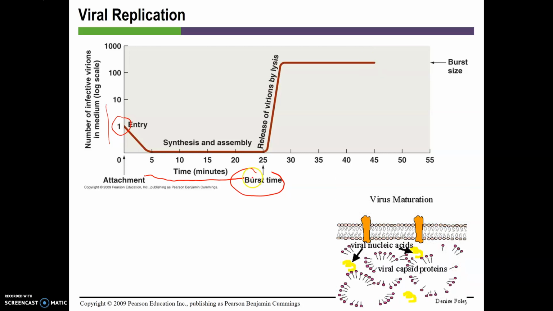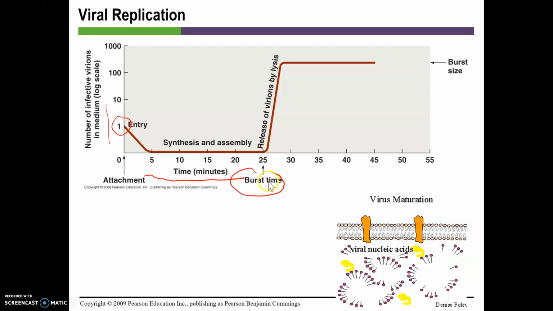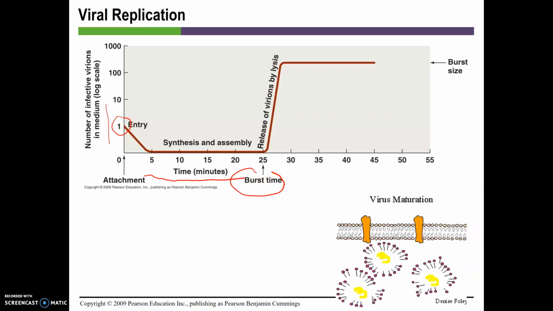So this is called the burst time. It's that time from infection to when all of a sudden you can detect viruses in that media again, and that's the time it takes to replicate viruses.